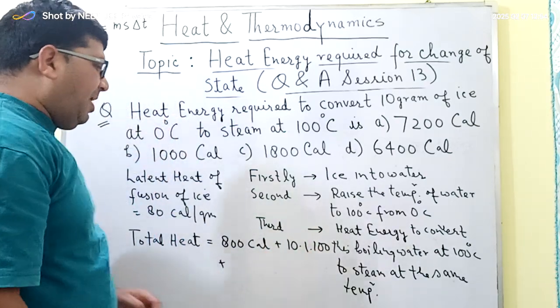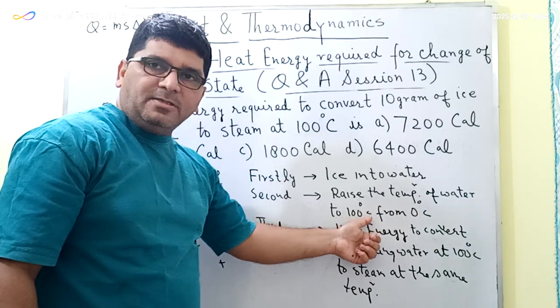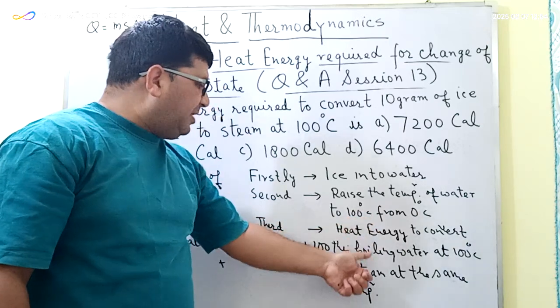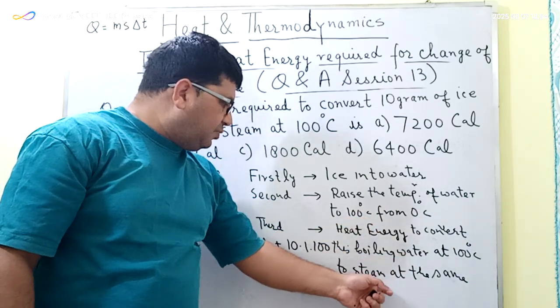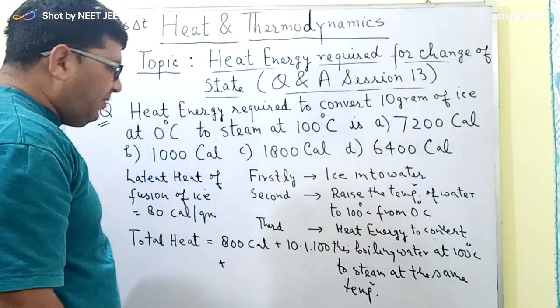Plus, now after raising the temperature to 100 degrees centigrade, I have to convert this boiling water at 100 degrees centigrade to steam at the same temperature. So here I will be providing the latent heat of vaporization.